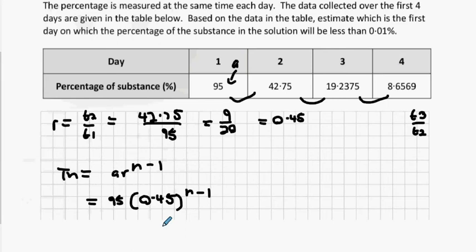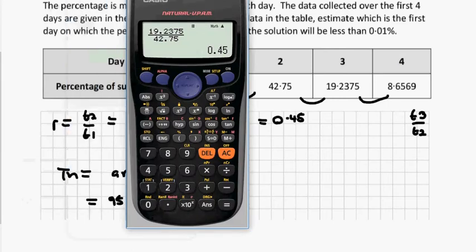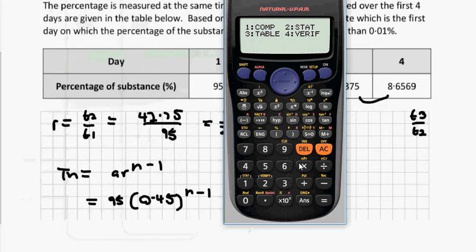Now we put that into the calculator, the table function, mode table function, and we have 95 times 0.45 to the power of x minus 1. We start at 1 and end at, I don't know, 10, step of 1. We see all these numbers here.